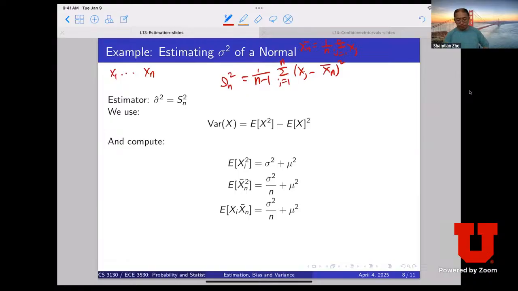So why do we use 1 over n minus 1? It seems like we should use 1 over n, right? But using the factor 1 over n minus 1 has a significant meaning. It guarantees that your estimator is unbiased. What does it mean? It means the expectation of your sample variance will be the true variance.